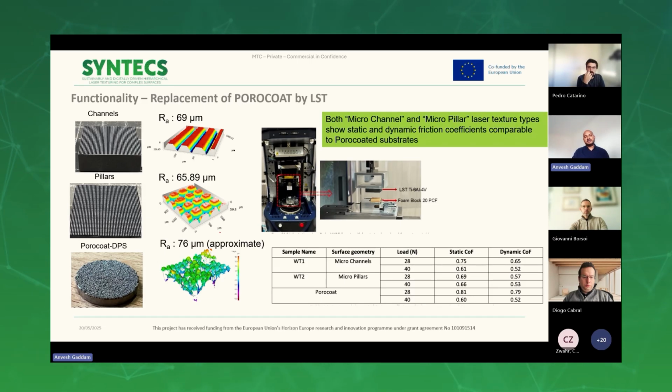These textures were investigated for frictional properties between the foam block, which represents the bone, and the laser textured titanium alloys. Both microchannel and micropillar textures, as shown in this table, have performed really well compared to the powder coat structures, which shows the biocompatibility of the laser surface textures.